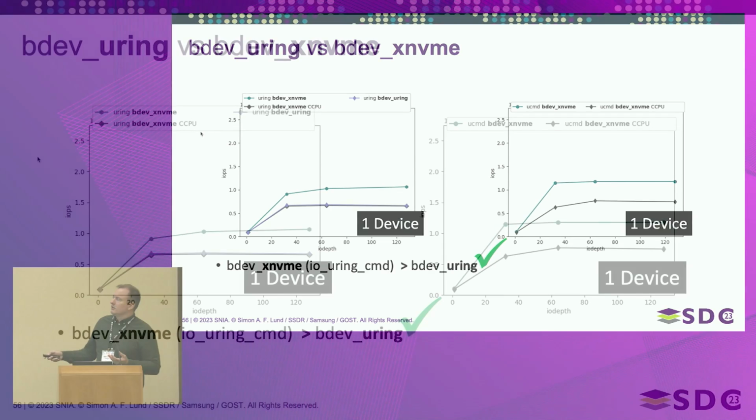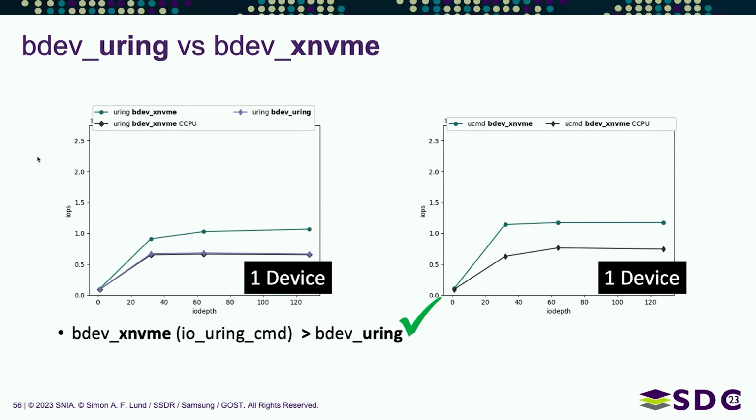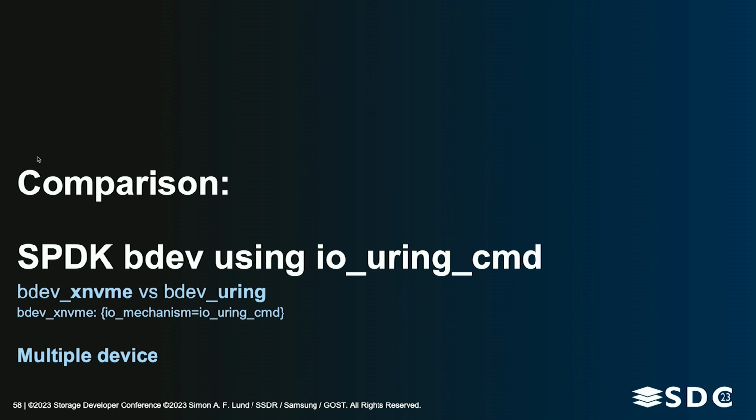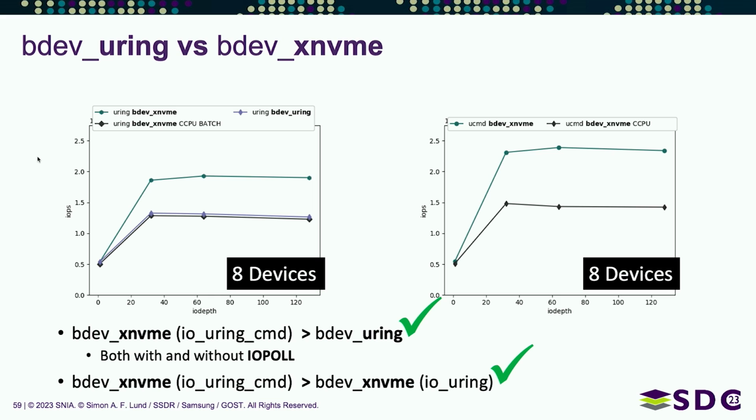Now, let's take a look at how BDEV uring compares to uring command. What we're looking at here is 1 device in both cases. These are the uring numbers and these are the uring command numbers. And what you see is that we're doing slightly better, both in the case of conserving CPU and not conserving CPU, so using I/O polling. So that's great, we can tick off those boxes, and the story is the same for running on multiple devices.